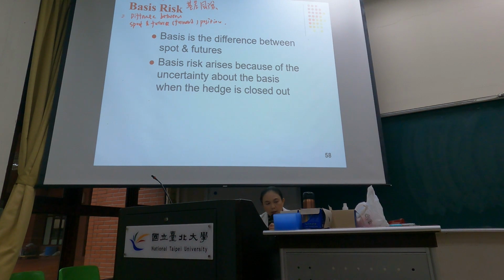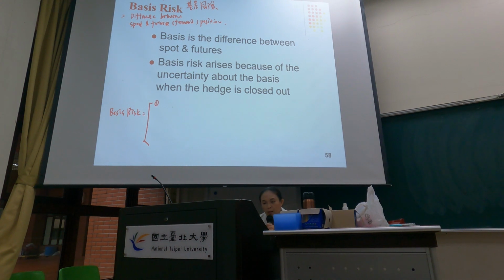I'll write down here. There are a lot of factors that could bring the basis risk because it's the difference between your spot position and the forward or futures contract you have. So there could be many reasons to bring the basis risk.